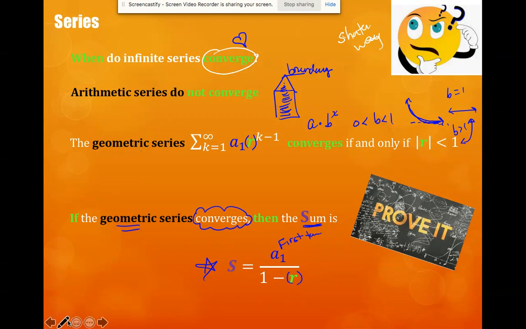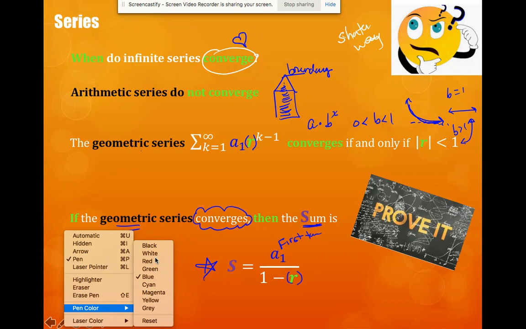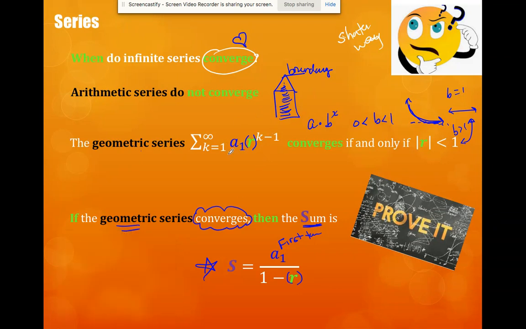So I can prove, this is not actually a hard thing to prove either. Look at this expression here. If I'm going to take the limit as n goes to infinity, remember, our sequence formula looks like this.